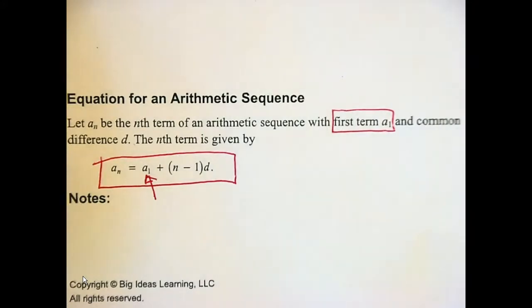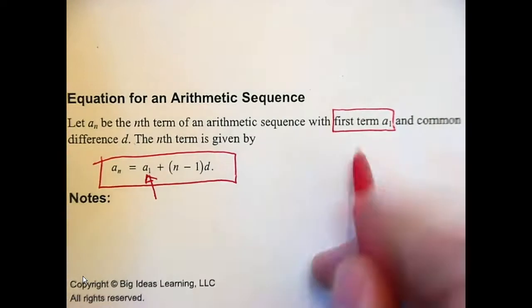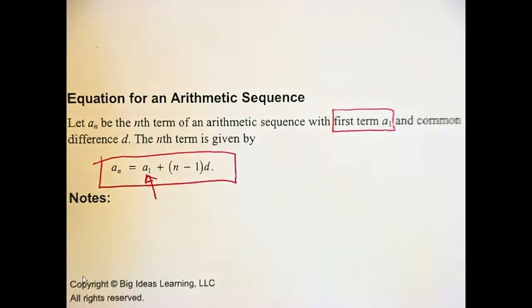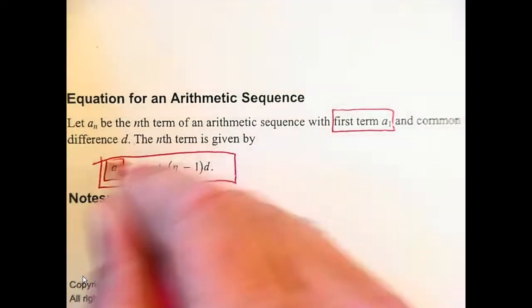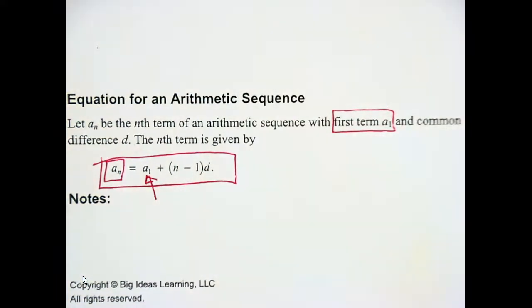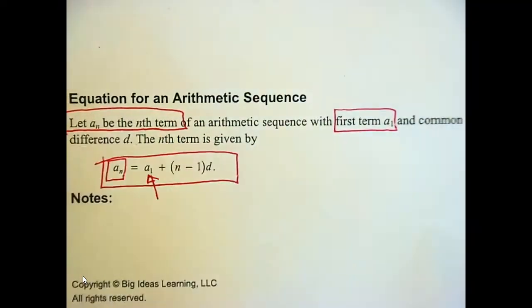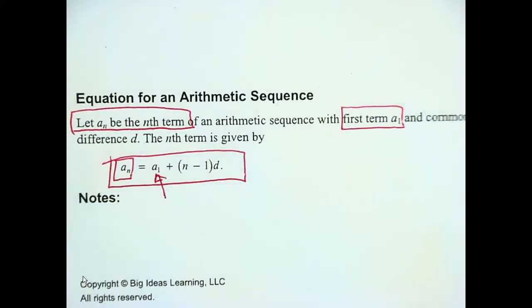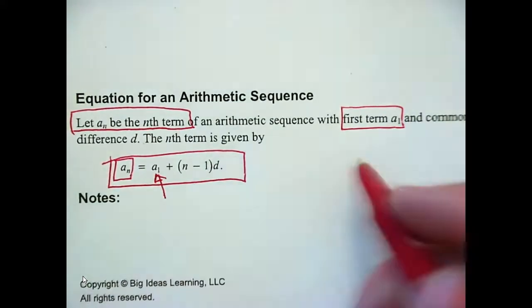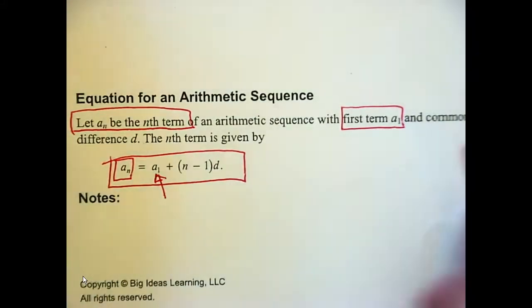Okay, a sub 1, that's our first term. Okay, what's a sub n stand for? Aaron? Okay, let me help you out. A sub n stands for the nth term. A lot of times, they just explain this stuff up ahead. Okay? Sebastian, what does d stand for?